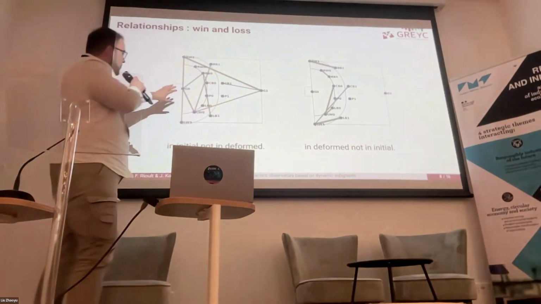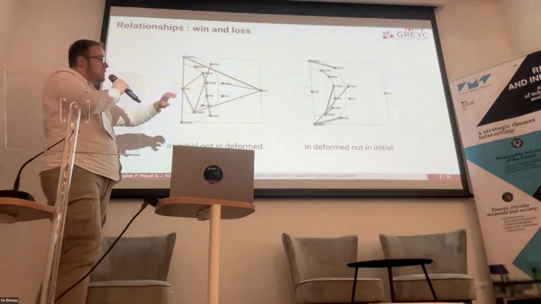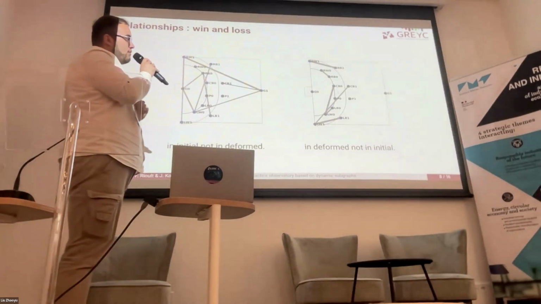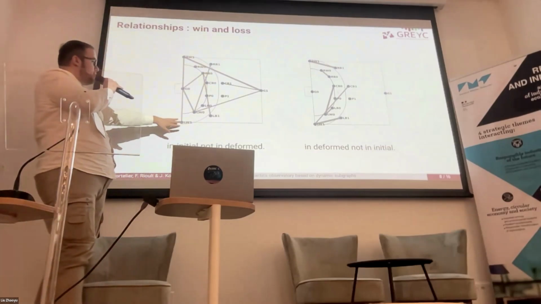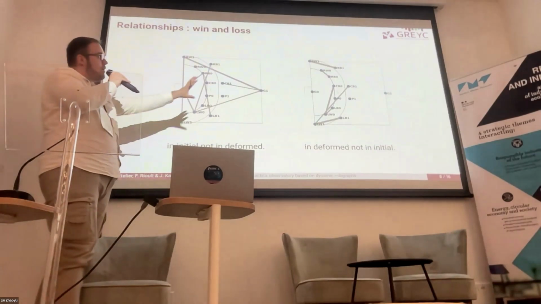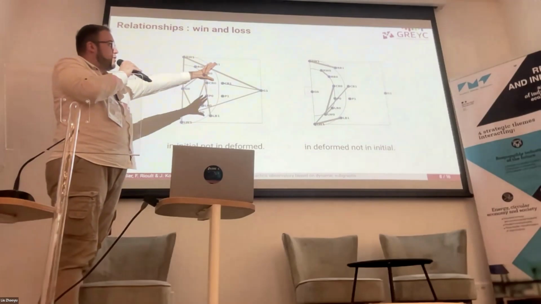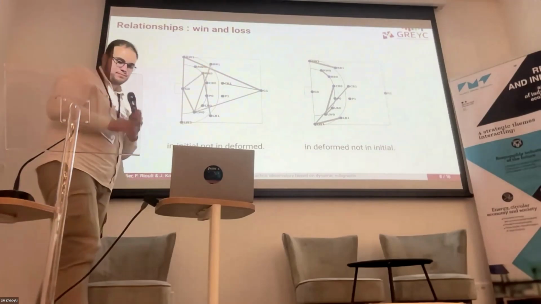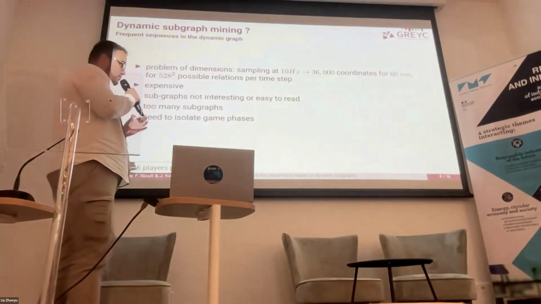On the left, you have relation loss, and on the right, you have relation gain. So we lost relations between wings and goalkeeper that are not really necessary, but we gain a good relation between wings and back.